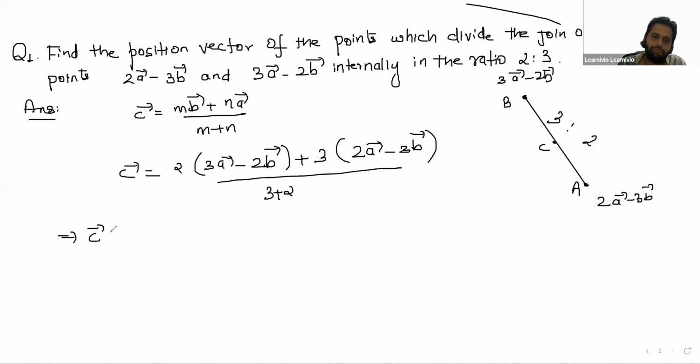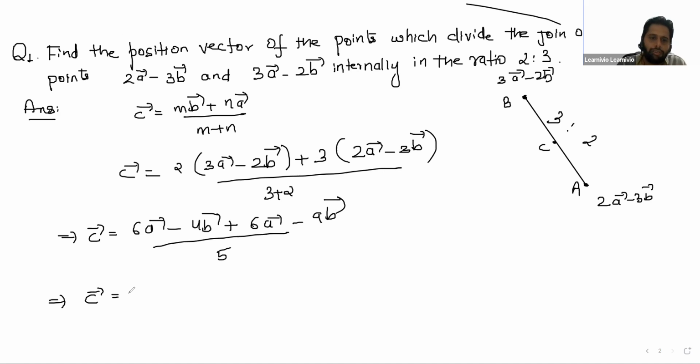So C is equal to 6A minus 4B plus 6A minus 9B by 5. So here we will get C is equal to 6A plus 6A is 12A minus 13B by 5. So by 5 and by 5.